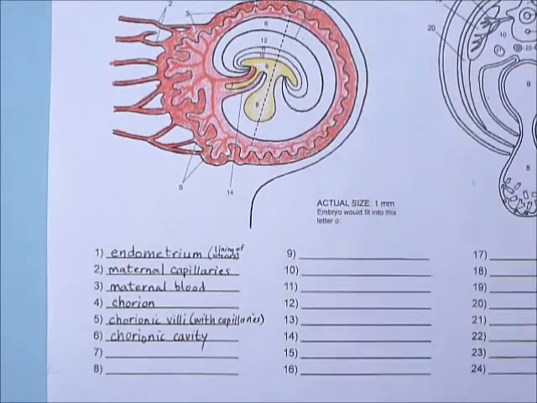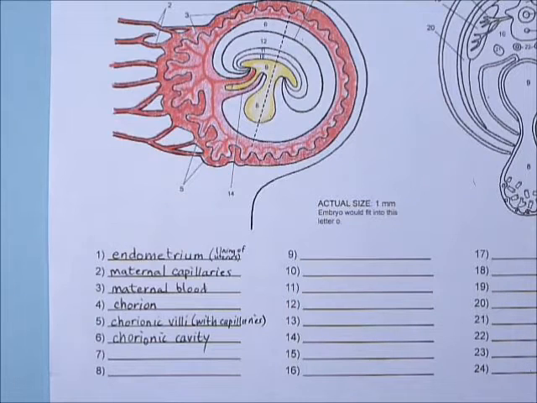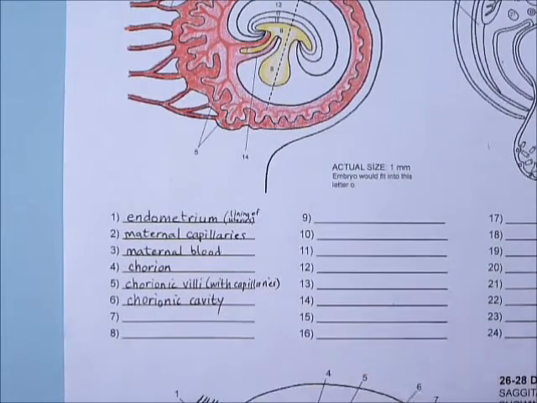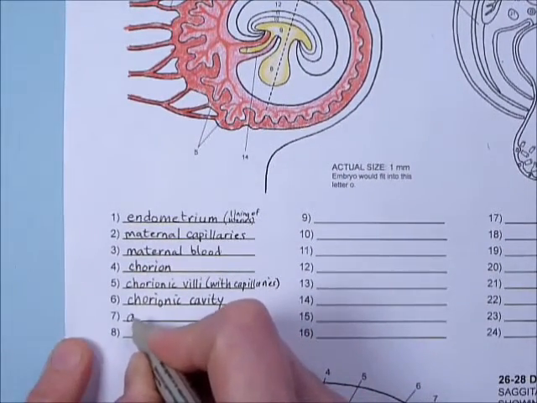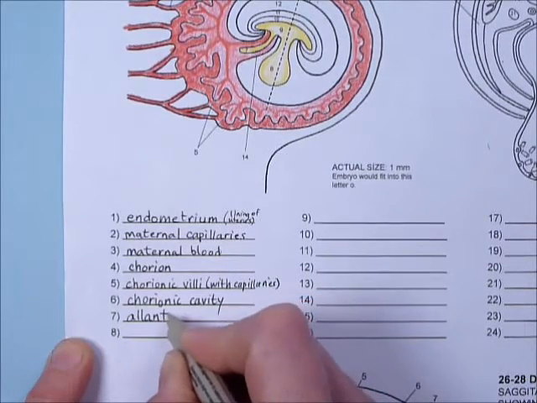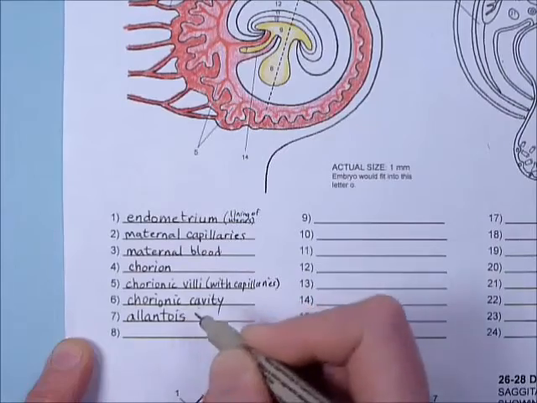And a little bulge came out and formed this little thing, number 7. This is one of the strangest names for parts of the body. Really weird. It's called the allantois. A-L-L-A-N-T-O-I-S. Allantois.